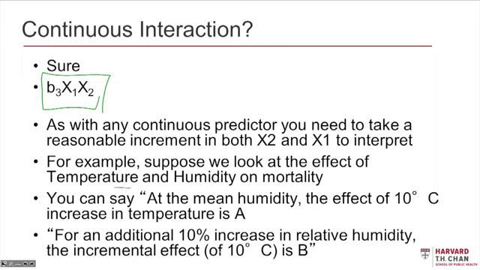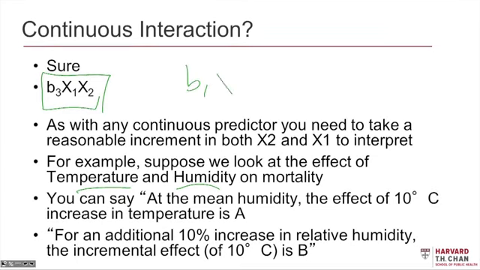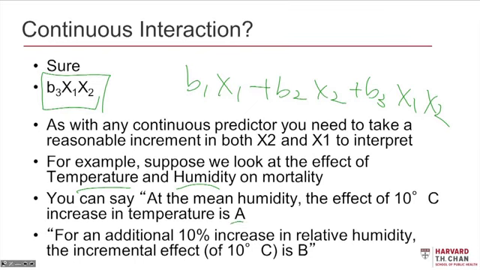for example, if I look at temperature and humidity and their effect on mortality, say in a heat wave, I can say, well, at the average humidity, right, so I have B1 x1 plus B2 x2 plus B3 x1 x2. So at the average humidity, the effect of a 10-degree increase in temperature is something, right? And I'm at the average humidity, which is centered, so that something is just B1.